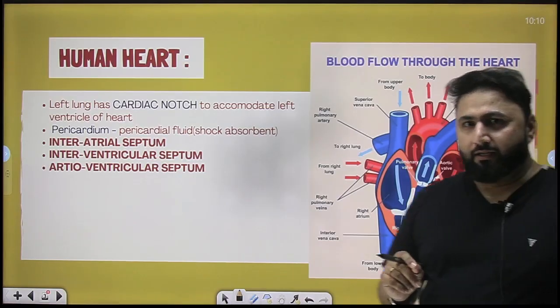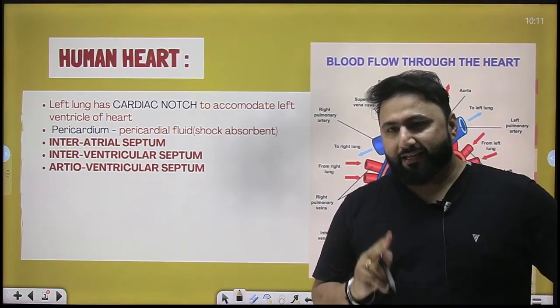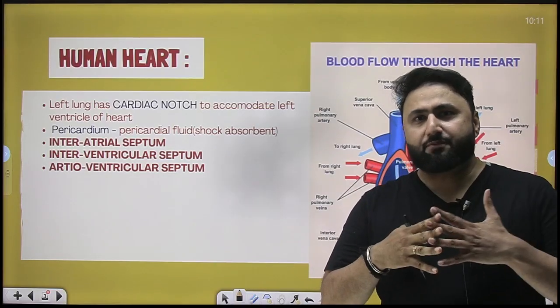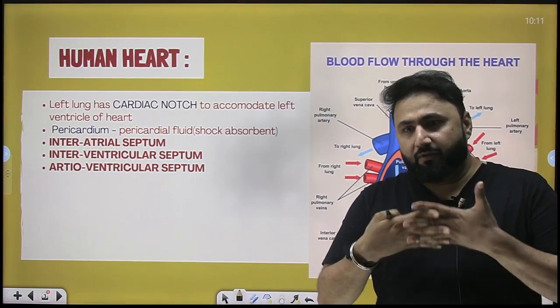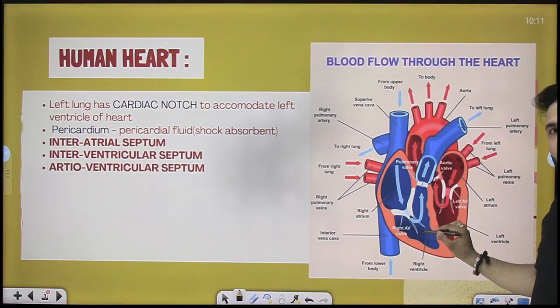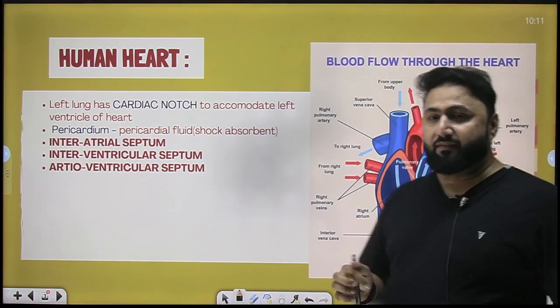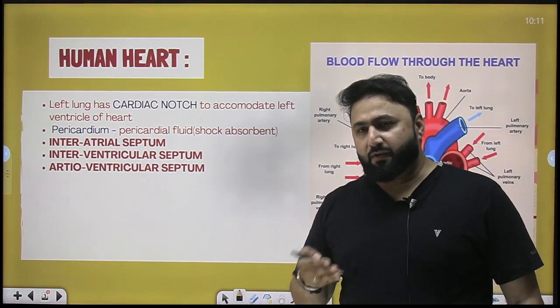Valve means what? It is preventing backflow of the blood. Bicuspid means it has two flaps of muscle which prevent backflow of the blood. Between the right auricle and right ventricle, you will have the tricuspid valve. That means it has three flaps of muscle which prevent backflow of the blood.